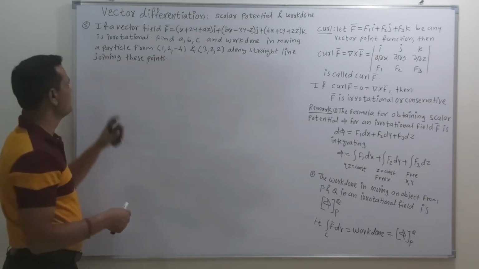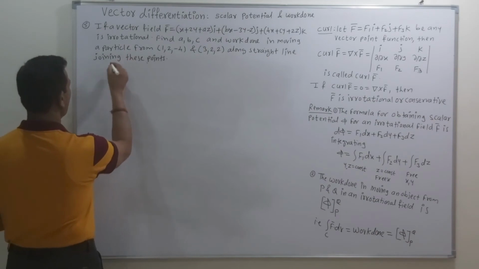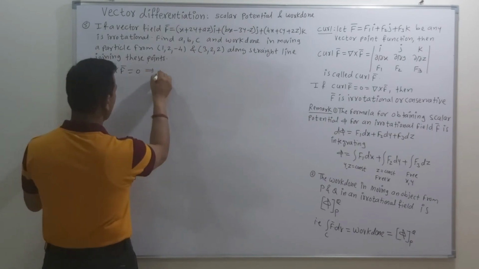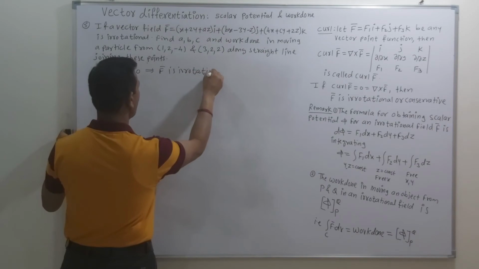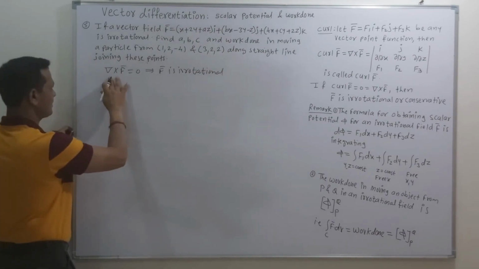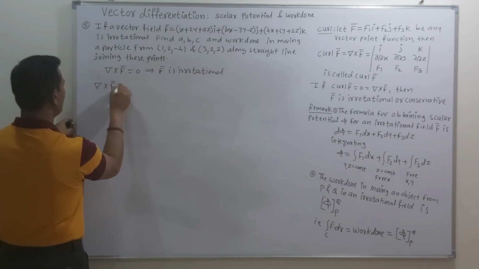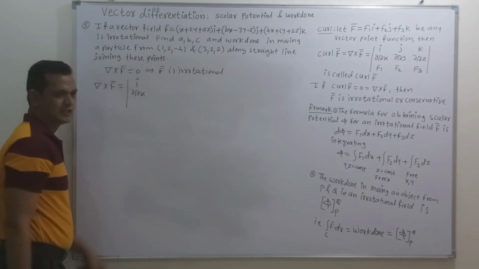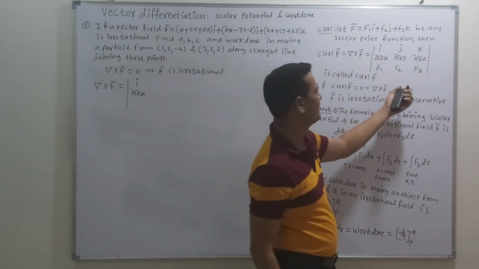So first our aim is to show that the given vector field is irrotational. So here we know that a vector field is irrotational when the value of del cross f bar is equal to 0. So this implies that f bar is irrotational. So our aim is to show that this cross product is 0. So first find out the value of del cross f bar, which is the value of the determinant.